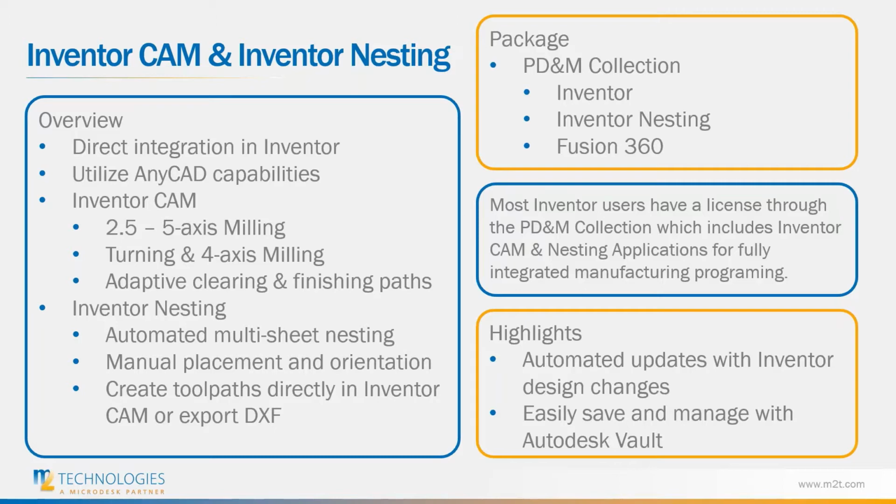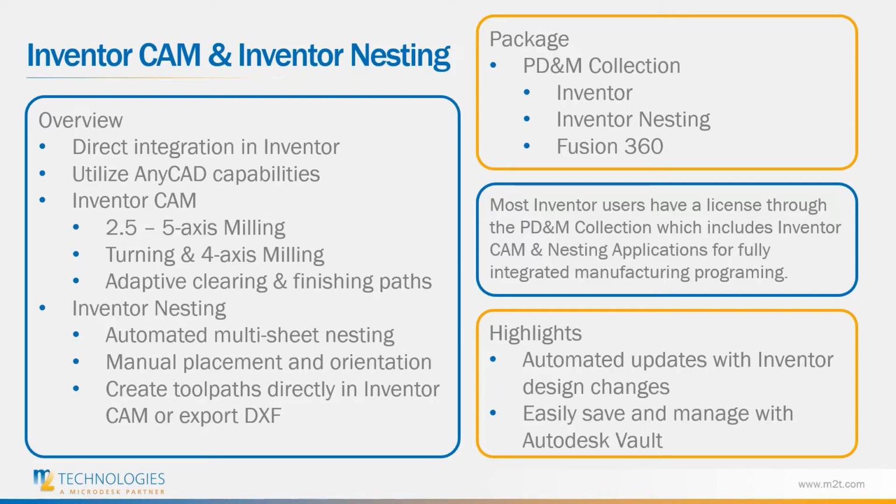Inventor nesting allows for automated multi-sheet nesting, so it will calculate the best orientation of parts and how to fit those together in order to make the most use out of your material. But it also allows for manual placement and orientation if there are grain direction necessities for different parts, or you need a part to be closer towards the edge or closer towards the center.